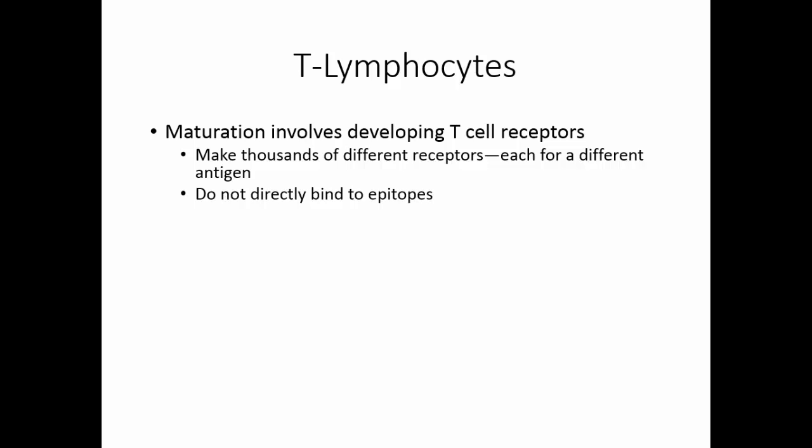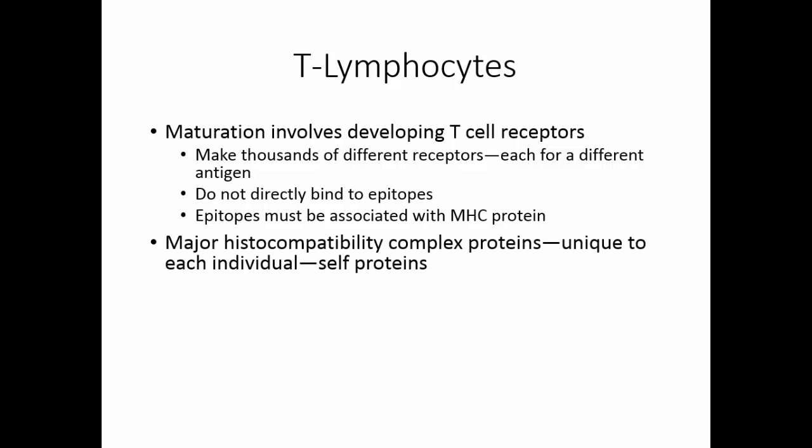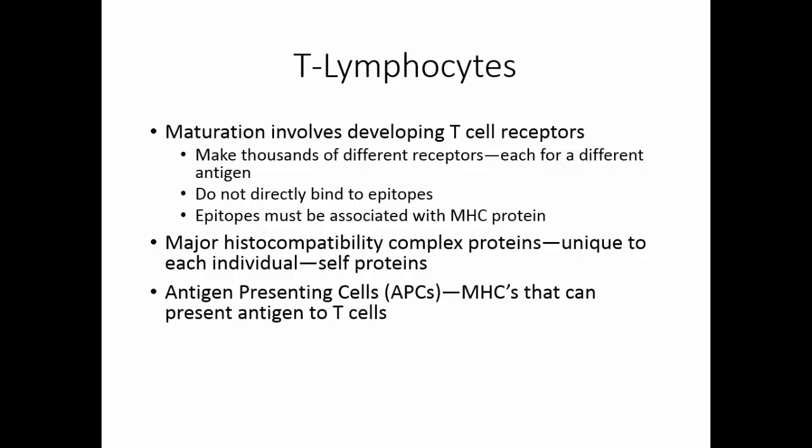T cells are not going to bind directly to the epitopes or the antigenic determinants. This means that those antigenic determinants have to be associated with the major histocompatibility complex proteins that are found on every cell. Your major histocompatibility complex proteins are unique to you. They're what we refer to as your self-proteins.